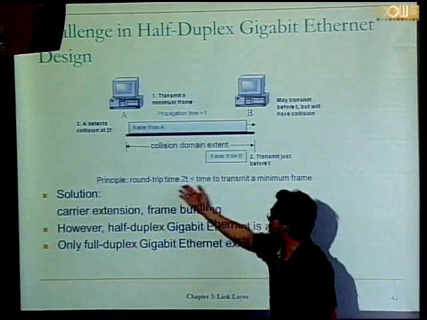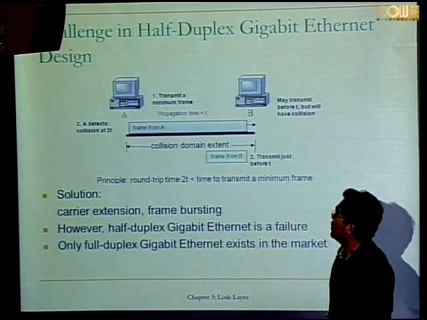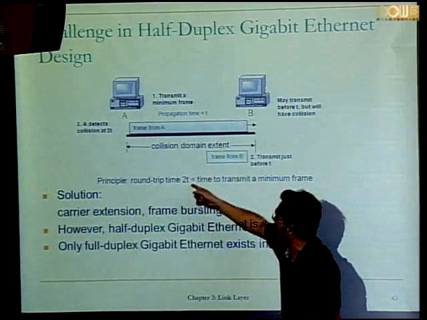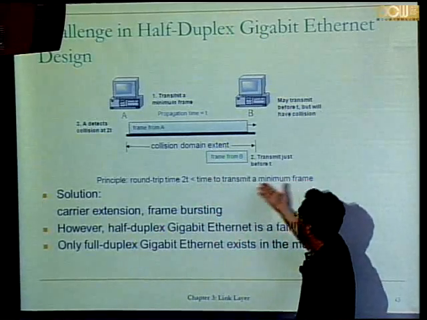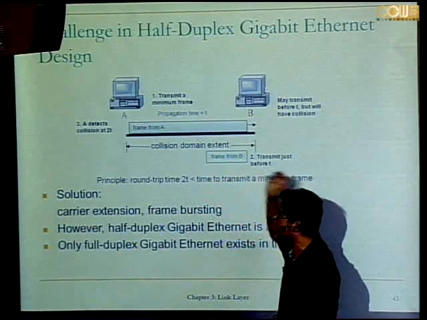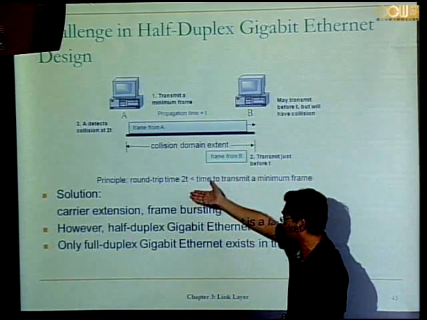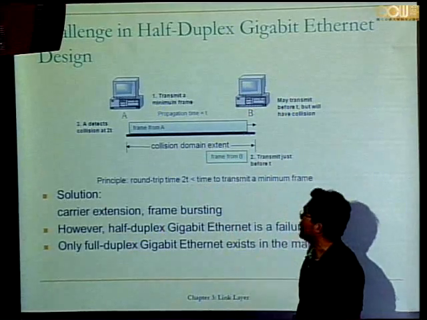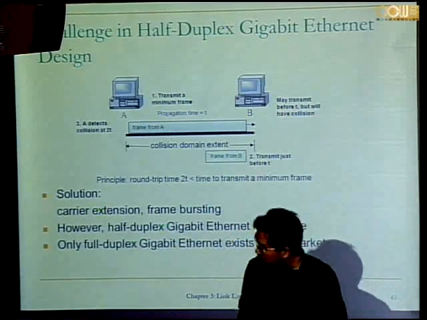The round trip propagation time should be smaller. If the transmission time is too short, then it will be reversed. The transmission time is too short, so it will not be large enough compared to the round trip propagation time. Then it becomes this. Then it's a problem.